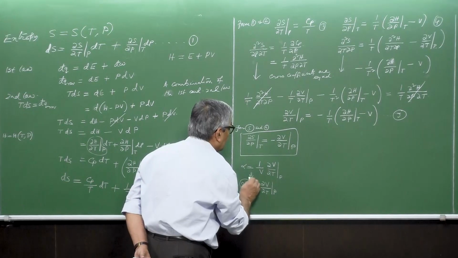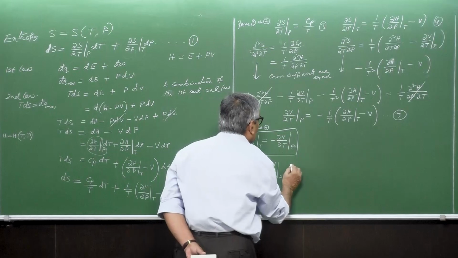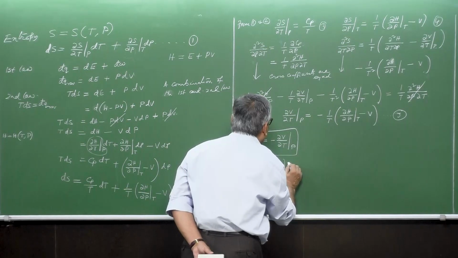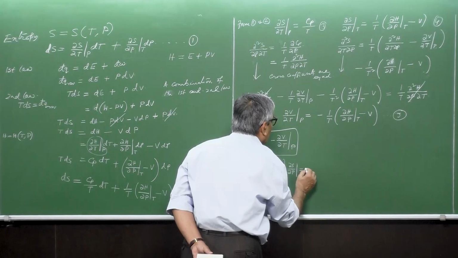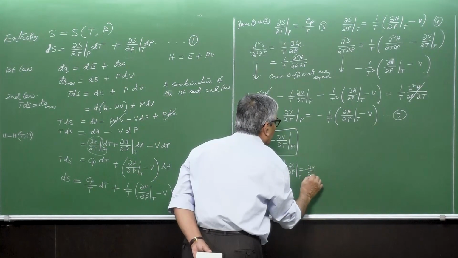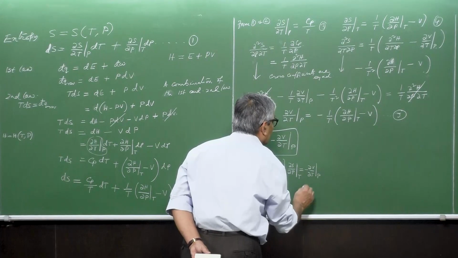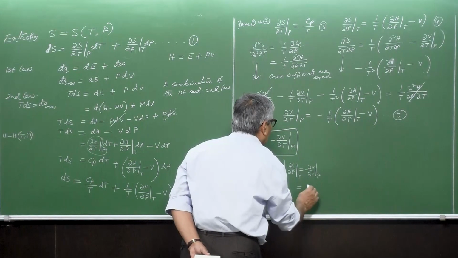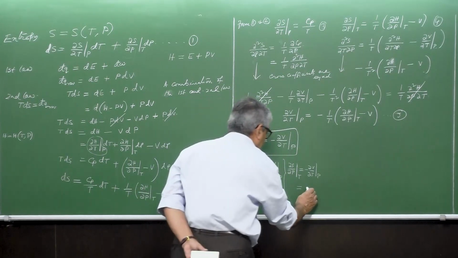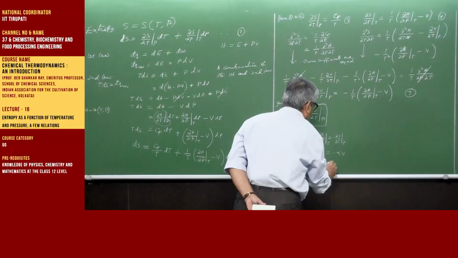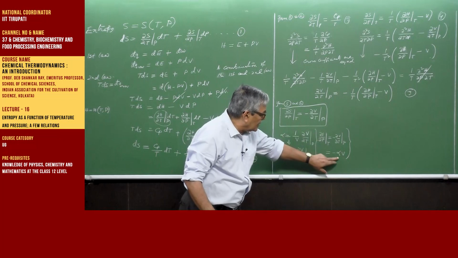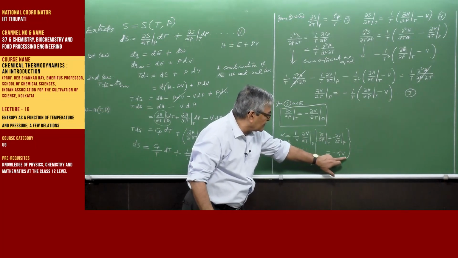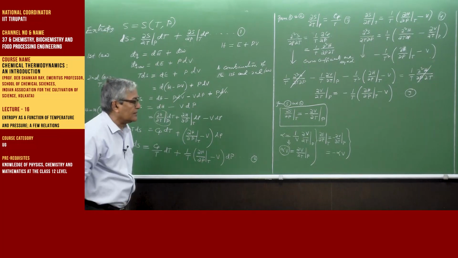So you can write (∂S/∂P) at constant temperature is minus (∂V/∂T) at constant pressure, and that is equal to minus alpha times V. So this quantity is nothing but the thermal expansion coefficient with a negative sign, multiplied by the volume.